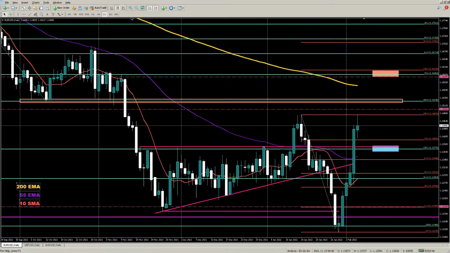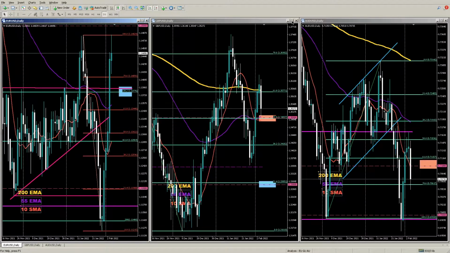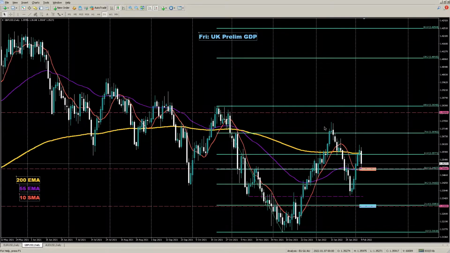Okay, let's move on to the cable. On Thursday, just 45 minutes before the ECB, the Bank of England did raise interest rates from 0.25 to 0.5%.